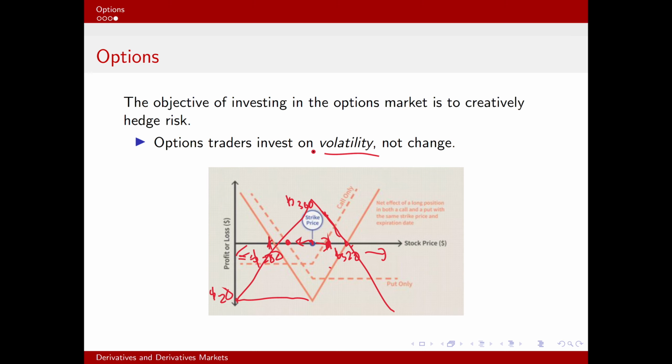Then you may want to take the opposite side of this position in the graph and say, nah, it's not going to move a lot. So you would make your most money if Apple didn't move at all. And so these traders are trying to trade based on their perceived volatility in a stock.